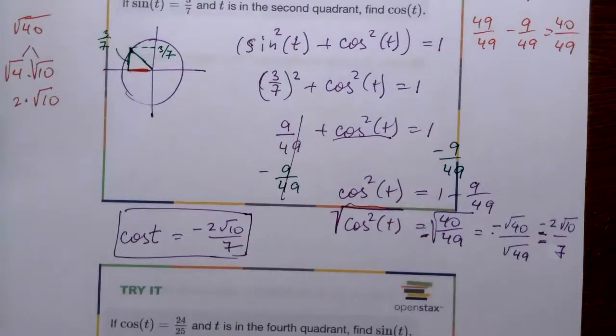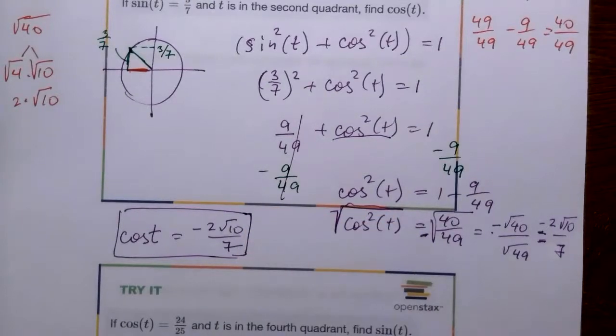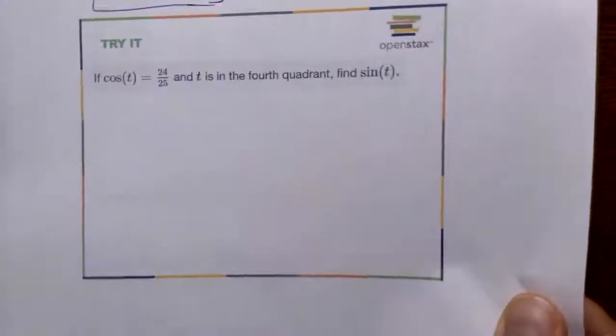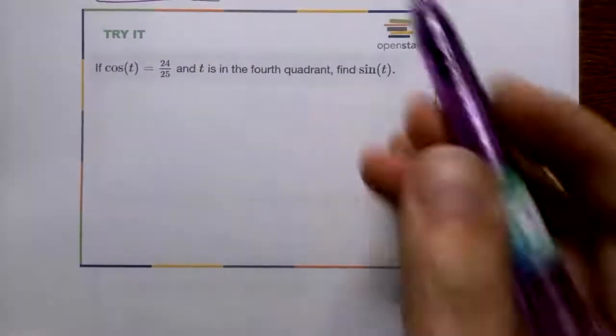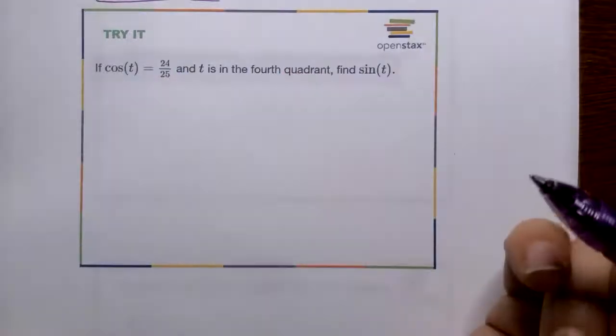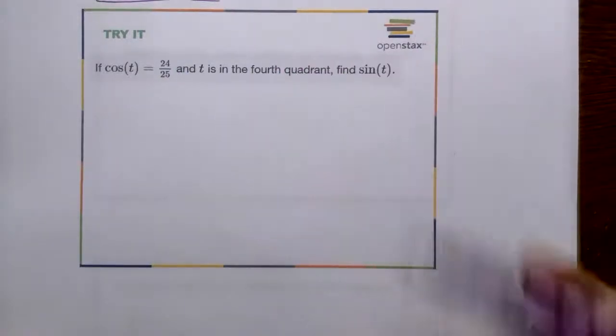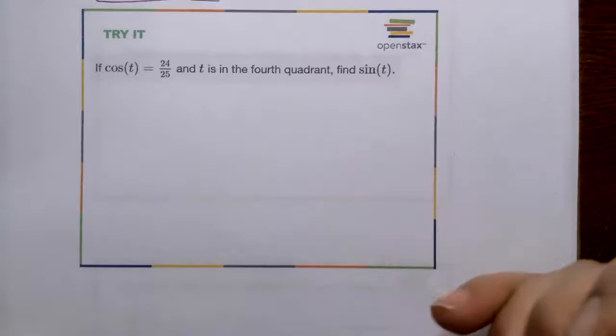All right, now I want you to try a similar problem by yourself. This time they're giving you a cosine of 24 over 25, and t is in the fourth quadrant. Find the sine of t.